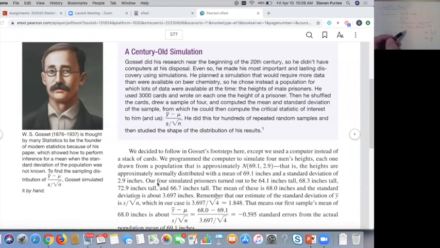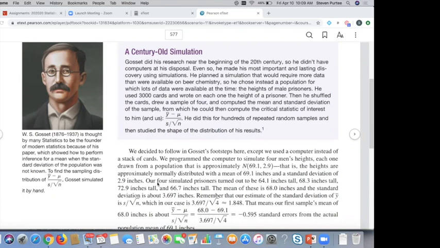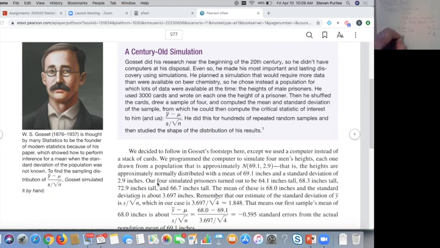And of course, just like with proportions, our sample size can't be too big. It can't be bigger than 10% of the population size. So we have our sample, the sample mean, and s. And n, of course, is sample size.